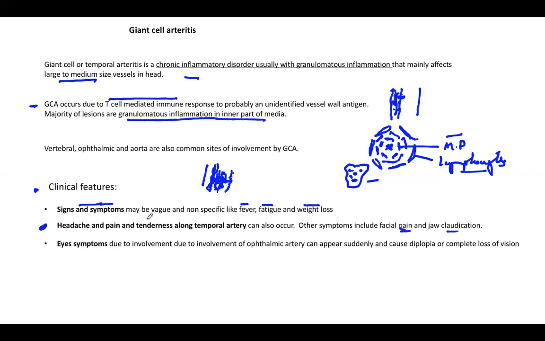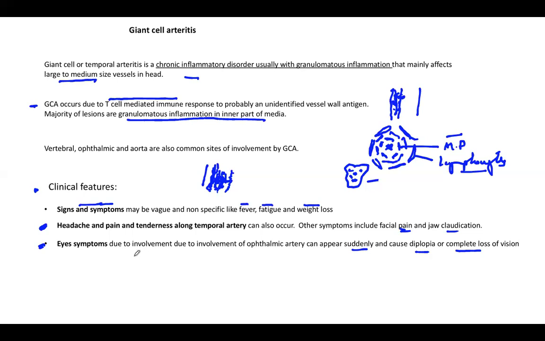When somebody has a headache and points to the temporal region and there is a tender spot, then we should think of this diagnosis. But the most important is that this arthritis can involve the ophthalmic artery and lead to thrombosis of the ophthalmic artery, which can cause diplopia and complete loss of vision, and that can progress over a short period of time. So we should know about this diagnosis. If somebody has headache and tenderness in the temple and his vision starts deteriorating, then we should think of this condition.